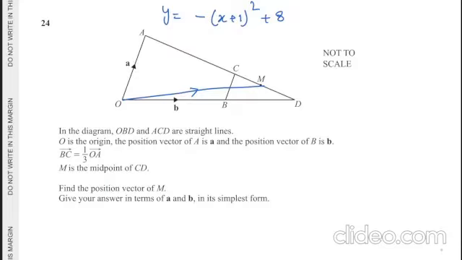So what we can do in this, first of all, we can try to find DM and MC. Here, because M is the midpoint of CD, the DM vector will be equal to the MC vector. Okay.